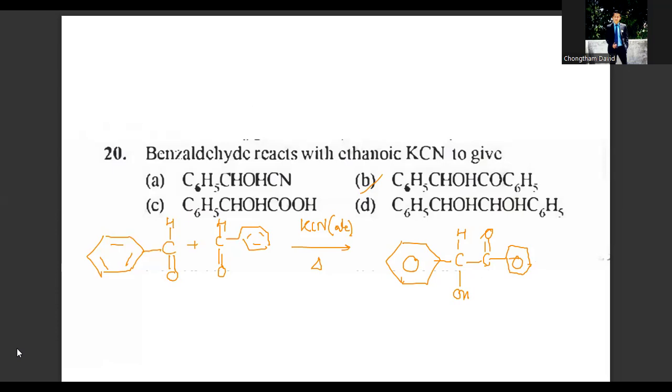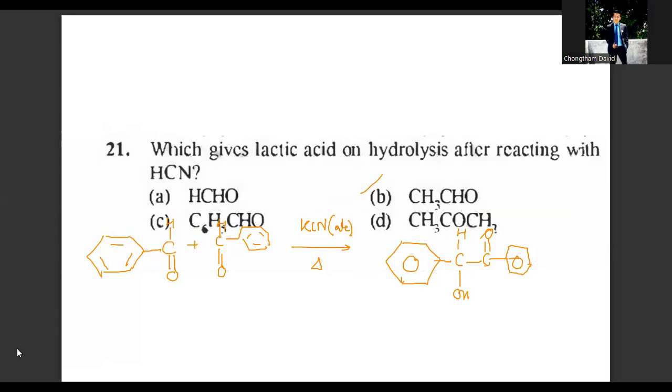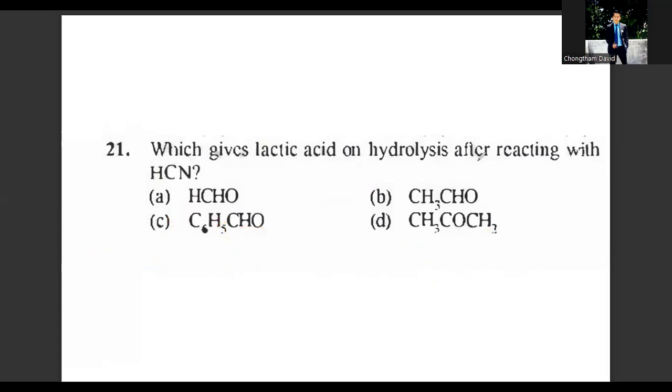Which gives lactic acid on hydrolysis after reacting with hydrogen cyanide? So you should know that on the same carbon, that is the geminal carbon, there will be an OH group as well as a carboxylic acid group.